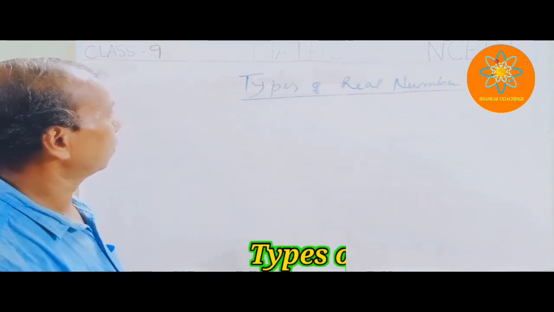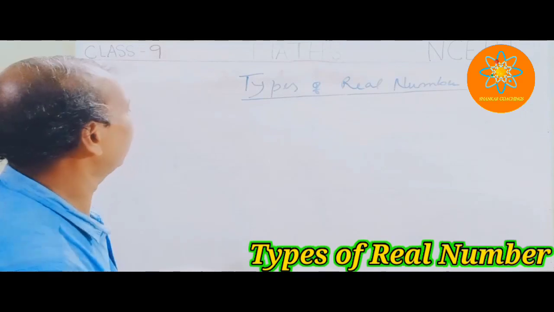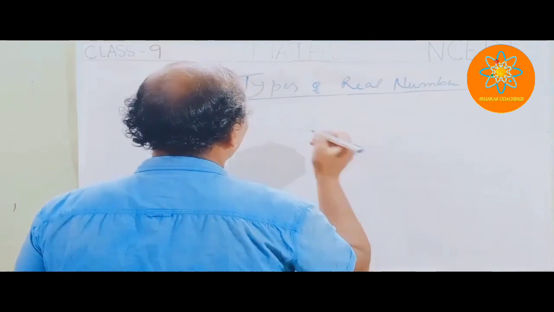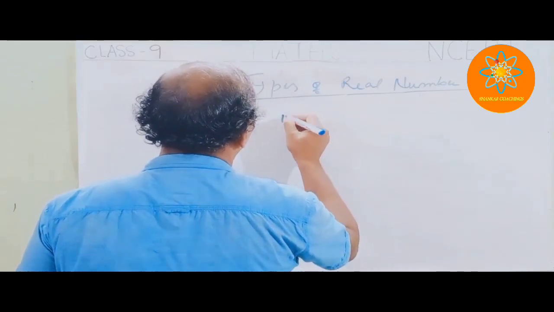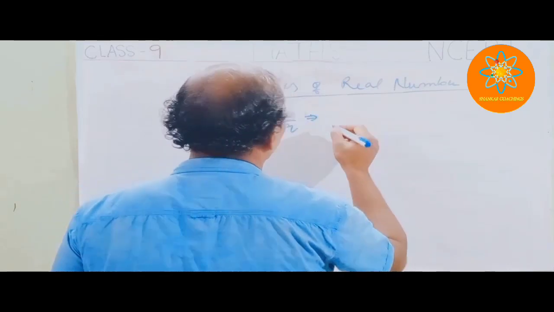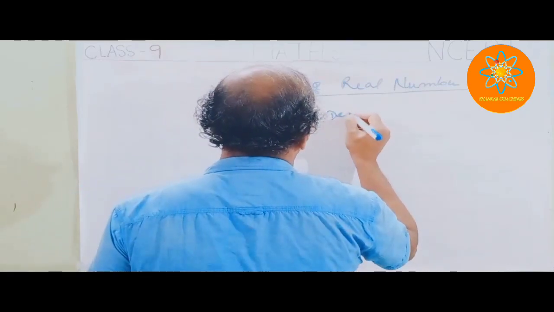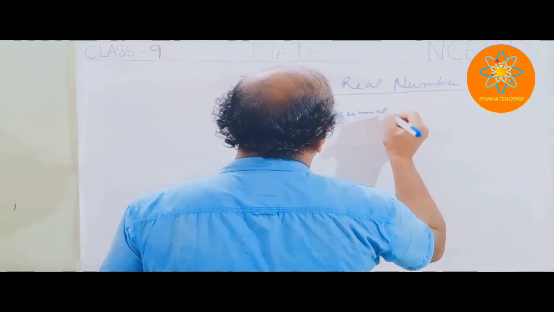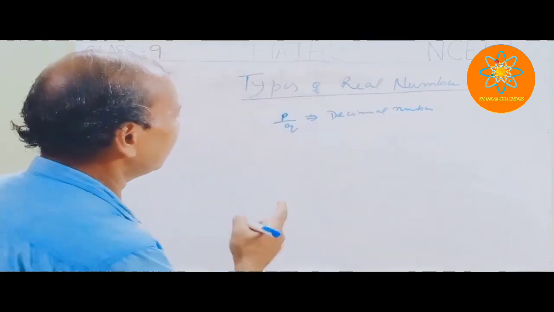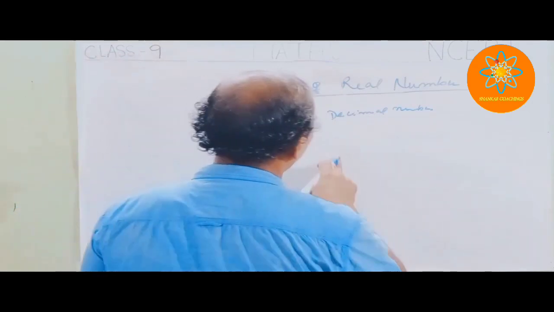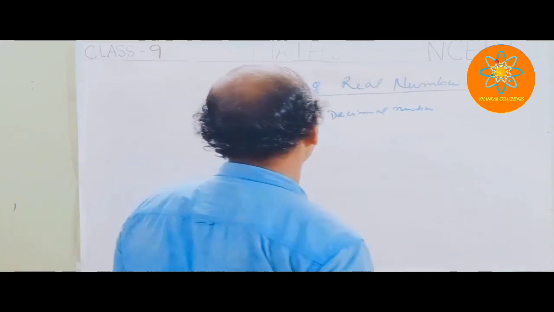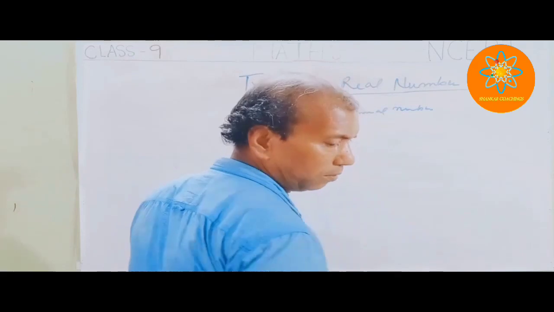Now we will see the case of the decimal number. Suppose a P by Q form is given, and I am changing it into a decimal number. If I change this into a decimal number and I get the remainder 0, in that case that is called the terminating one.